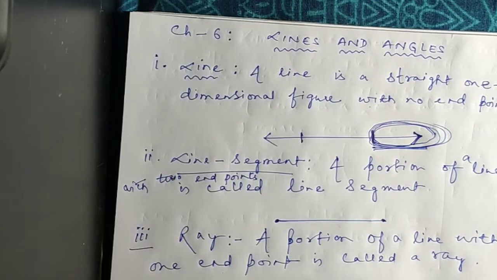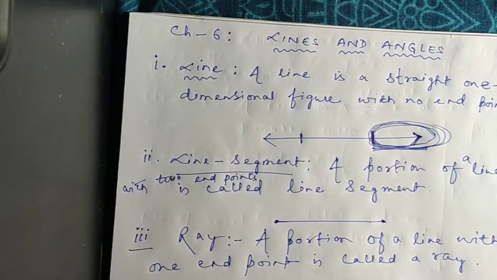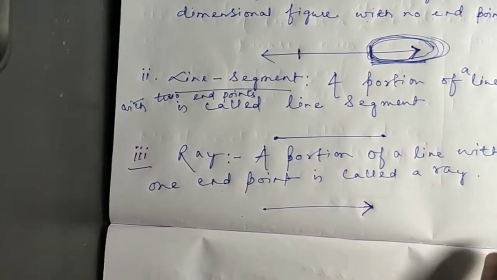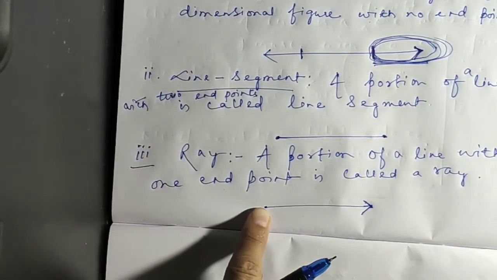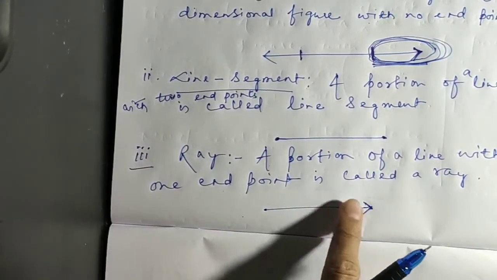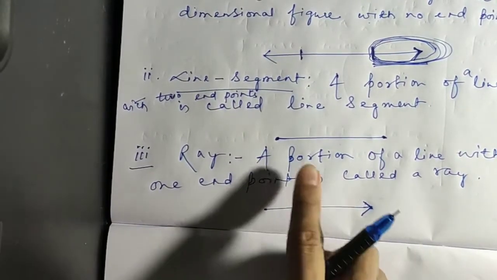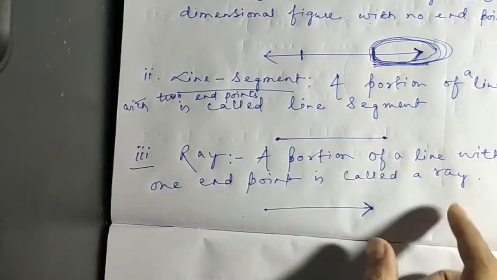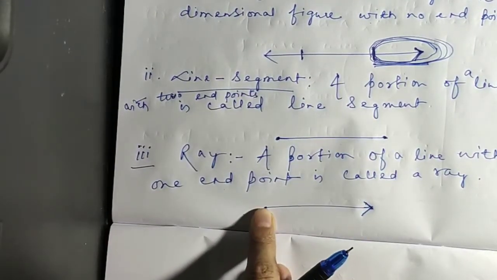This is the endpoint, but this is not the endpoint. It's infinitely long. In this portion the line stops here, but on this side it is infinitely long. So that's why we are putting an arrow here. It is also a portion of a line, but only with one endpoint.